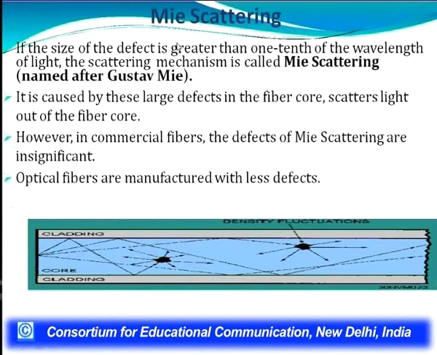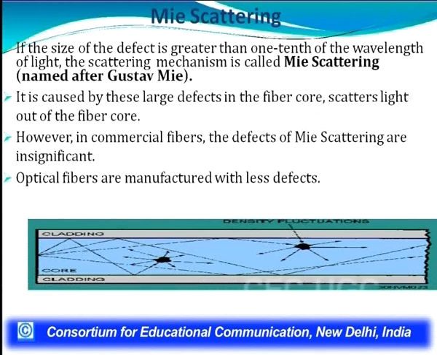This is Mie scattering. If the size of the defect is greater than 1/10 of the wavelength of the light, then the scattering mechanism is called Mie scattering, named after Gustav Mie.